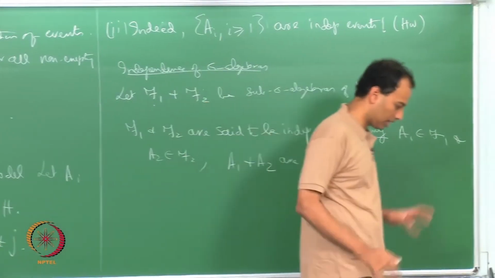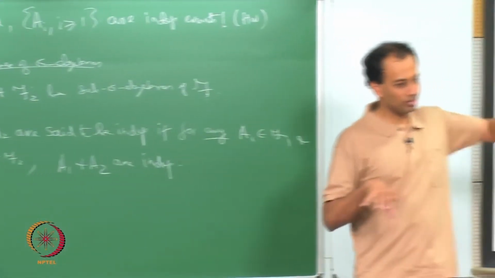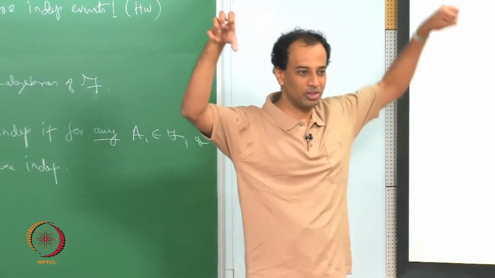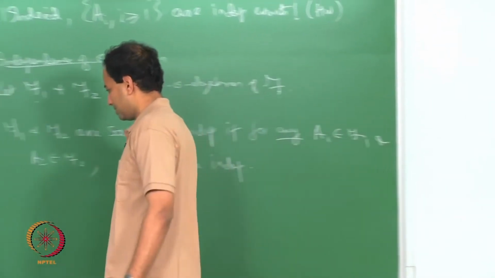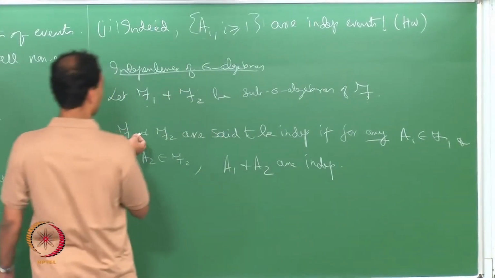So, independence of two sigma algebras means all these events here are independent of all these guys here, anything you pick here and anything you pick here are independent, right. Finally, I will just put one more definition.